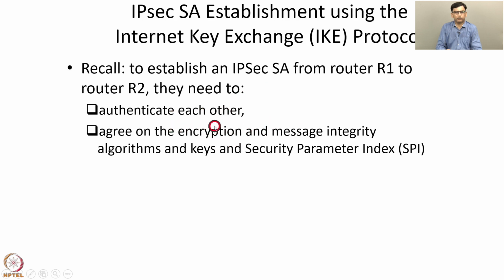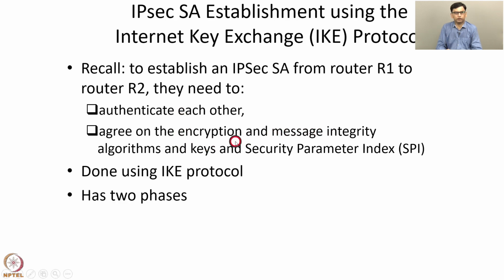For example, DES or AES might be used for encryption, and SHA-1 might be used for the hash that is used to create the message authentication code for message integrity and so on. So they agree on the encryption and message integrity algorithms and the keys, as well as the security parameter index. Recall that the SPI is used to identify an SA. These tasks are done using the Internet Key Exchange Protocol.